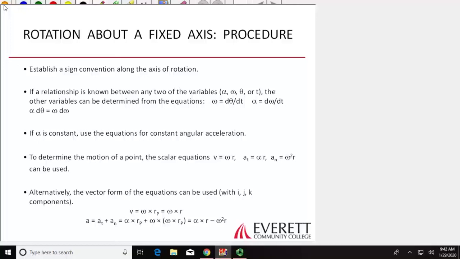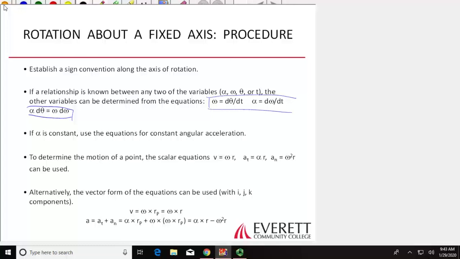If a relationship is known between any two variables, alpha, omega, theta, or t, the other variables can be determined from these three kinematic equations. This step is identical to everything you've done in curvilinear motion. The only difference is we're using omegas, thetas, and alphas. If alpha is constant, use the constant angular acceleration equations, just like we did for translation.